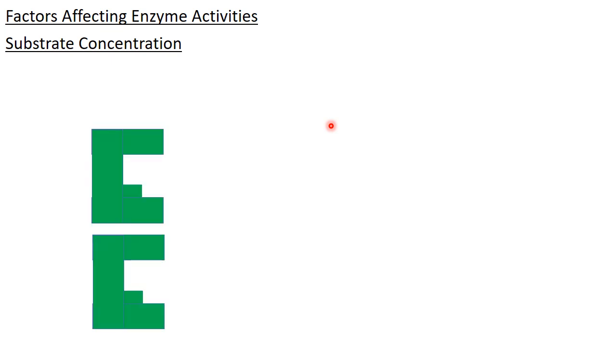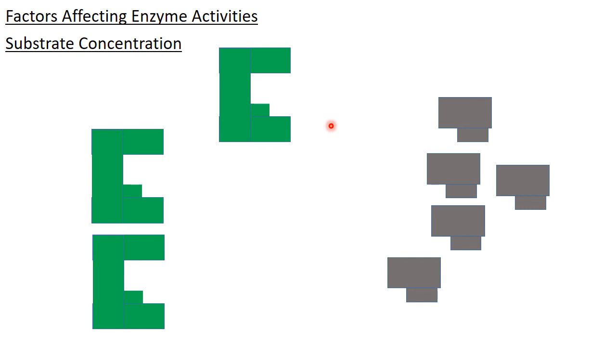We're going to use these to understand how substrate concentration affects the rate of enzyme activity. So let's picture a situation where we have 3 enzymes like this and 1 substrate. This substrate will fit into this enzyme. These other enzymes are going to be dormant because there are no substrates to work on.